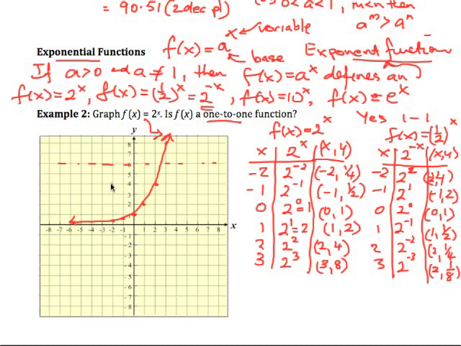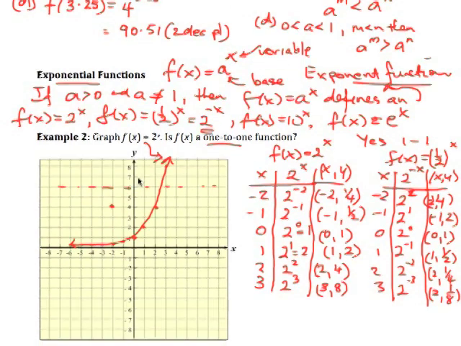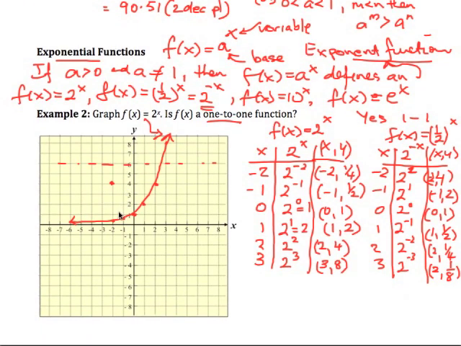As you suspected, this is just going to be a reflection in the y-axis, which is what we determined once before, when we apply a negative to the function's input, it reflects in the y-axis.